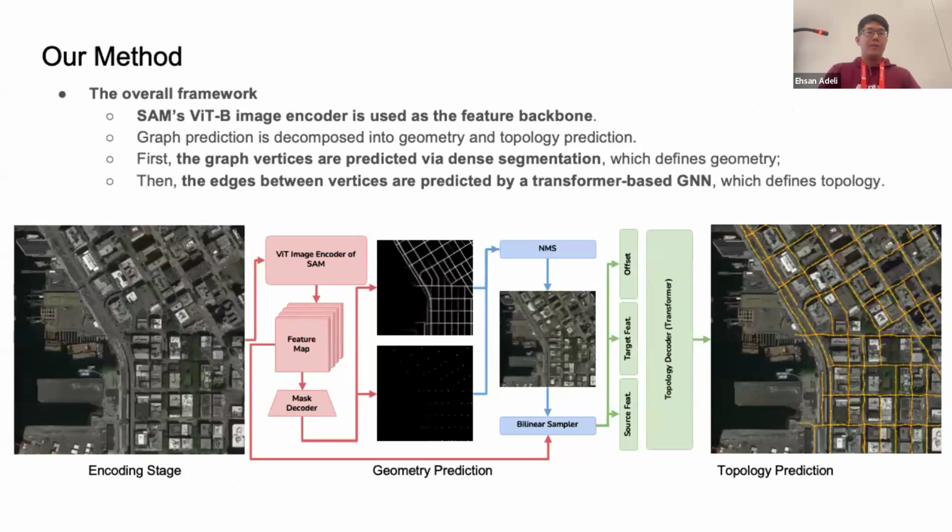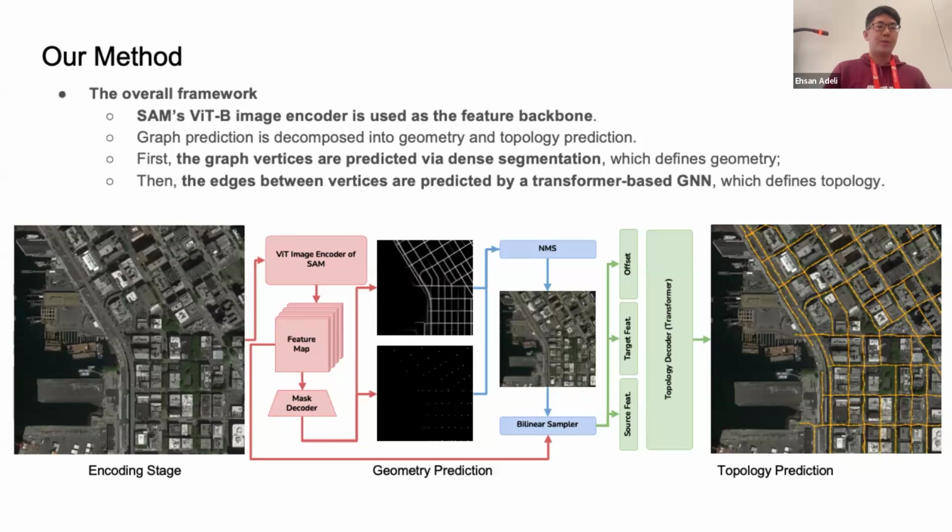So our method kind of has the benefits of both categories while trying to overcome the shortcomings of both. It directly predicts the graph structure, the nodes and vertices. So the overall framework can be seen as three stages. First one is the encoding stage. Second one is geometry prediction, and third one is topology prediction.